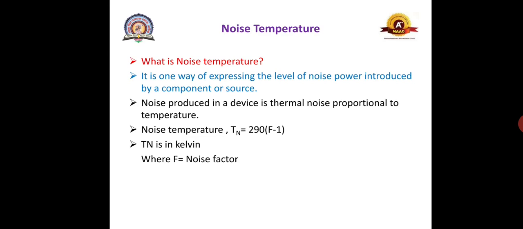Another method of expressing the noise in an amplifier or receiver is to use a noise temperature. Most of the noise produced in a device is thermal noise, and that is proportional to the temperature. The noise temperature is expressed in Kelvin, given by the formula Tn is equal to 290 times (F minus 1).